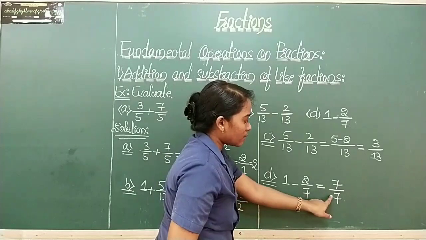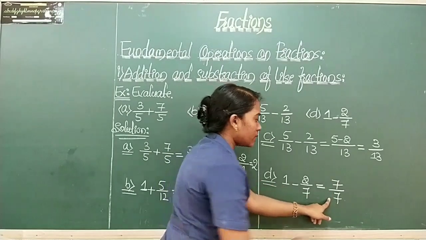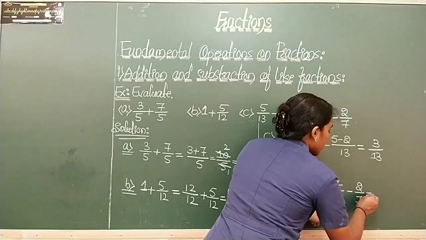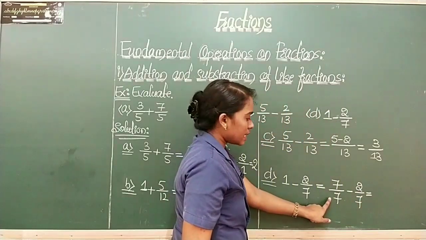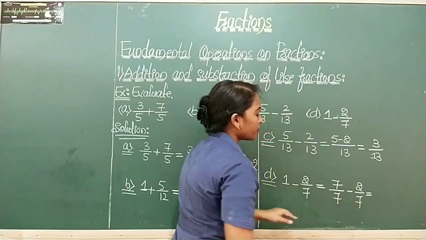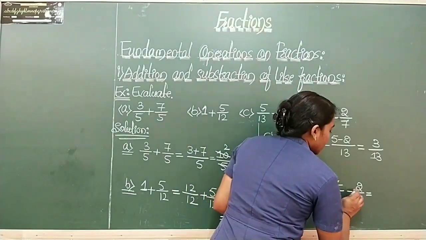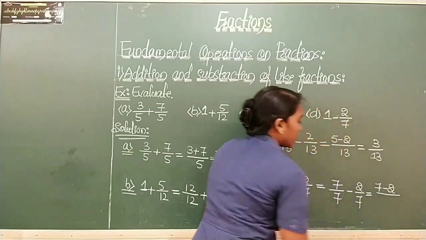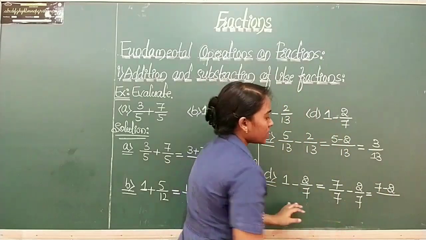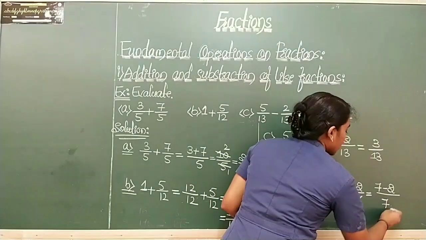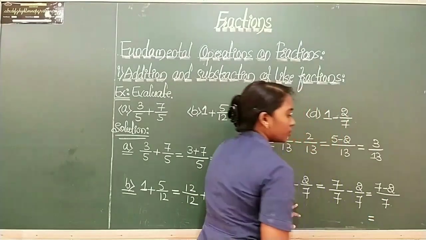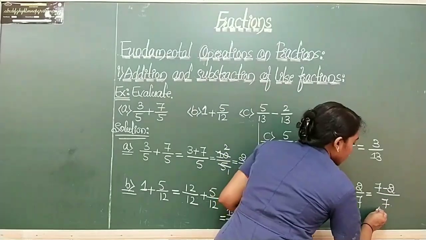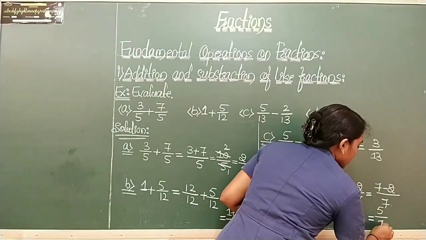Therefore, 1 can be written as 7 by 7 minus 2 by 7, which is equal to. Now, it is easy for you to subtract. See, 7 minus 2, because we have to subtract only the numerators and keep this denominator 7 as it is, which is equal to 7 minus 2, we get 5 by 7.